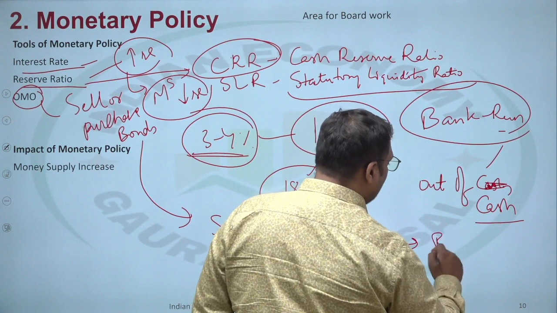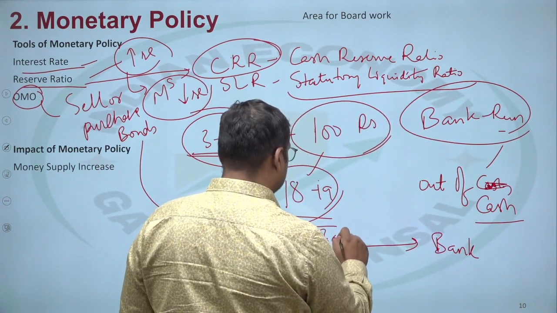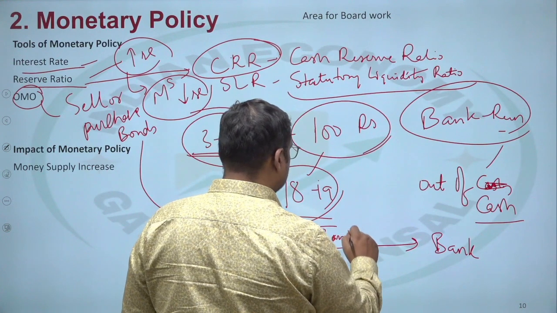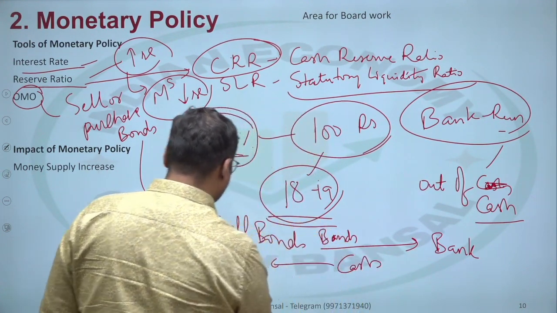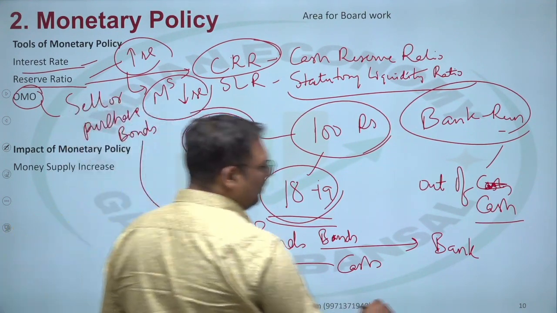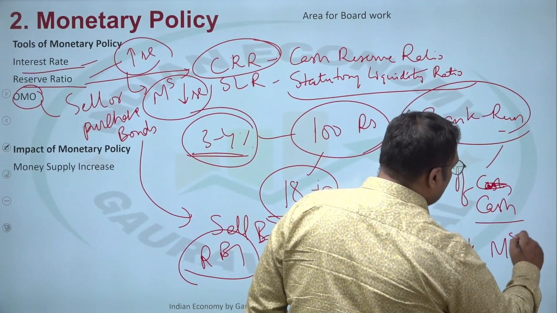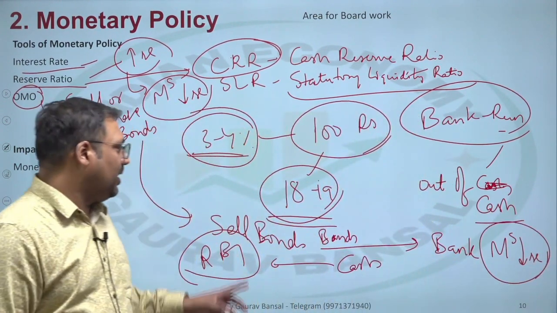Bonds go to the bank, and cash comes to RBI. So what happens? Money supply decreases. When RBI sells bonds, money supply decreases.